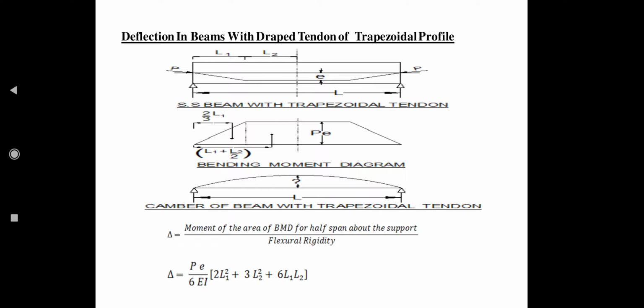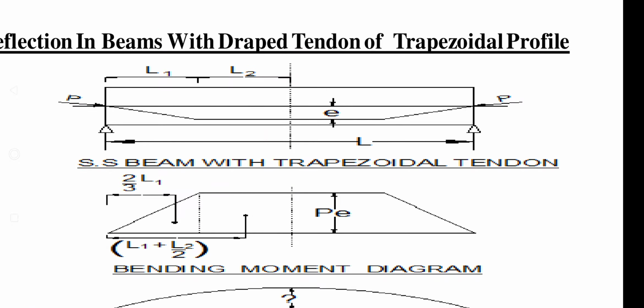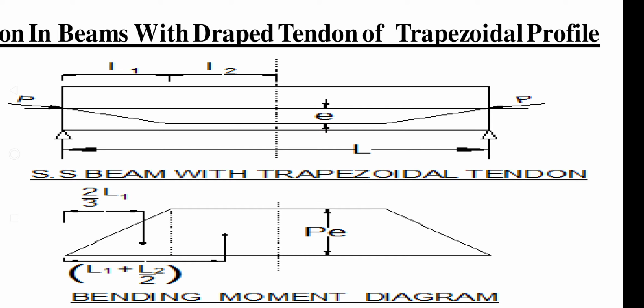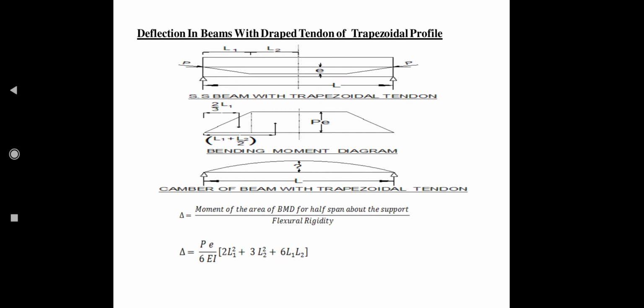L1 and L2 are shown here: from here to here it is L1, from here to here it is L2, and this is E, the distance between the CG of the member and the cable. This is the deflection of a beam provided with a trapezoidal cable profile.